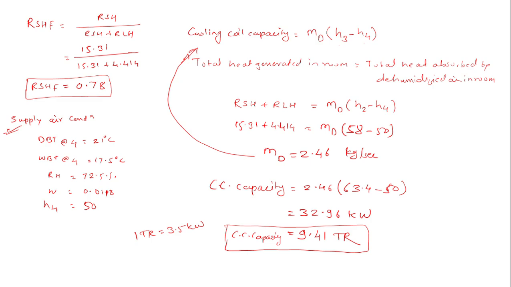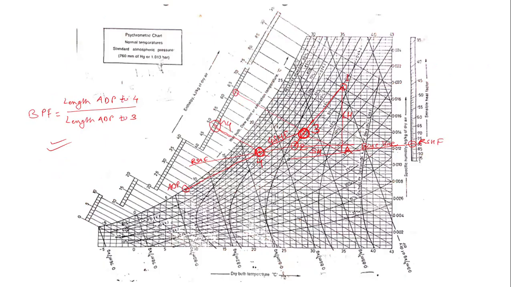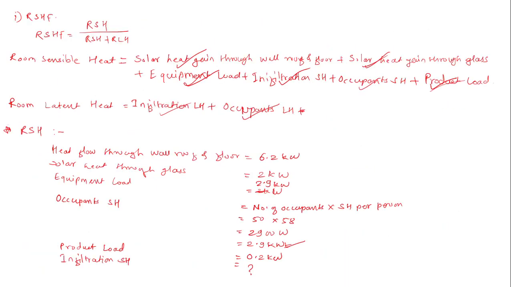This is how you will solve the numerical based on cooling load estimation. In cooling load estimation, room sensible and latent heat will never be given directly; you are supposed to calculate them using these formulas.